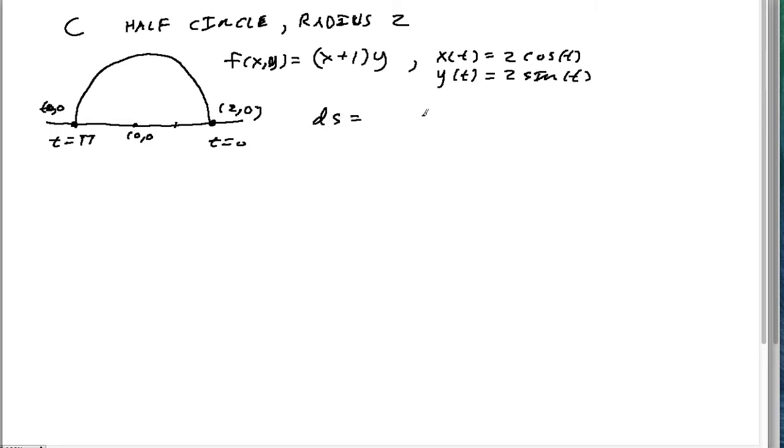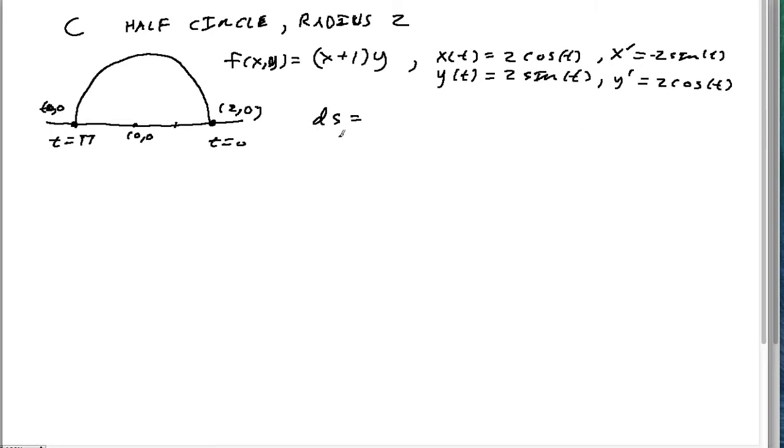To find that we need x prime of t and y prime of t. So x prime is going to be negative 2 sine of t, and y prime is going to be 2 cosine of t.